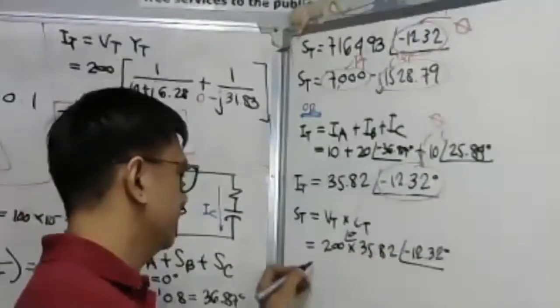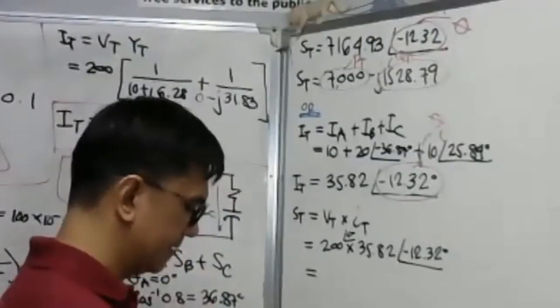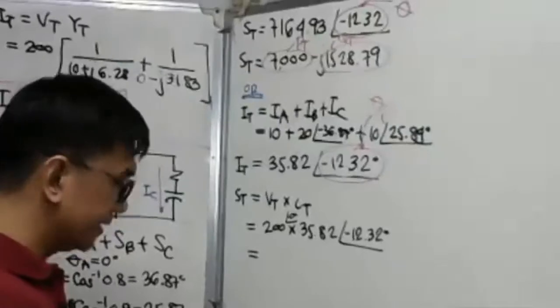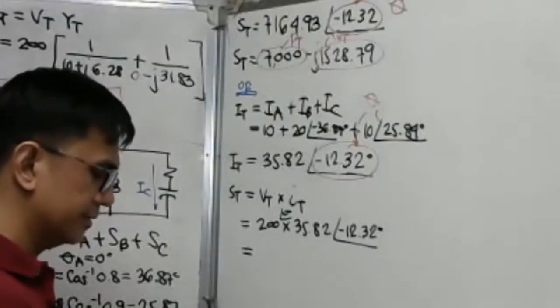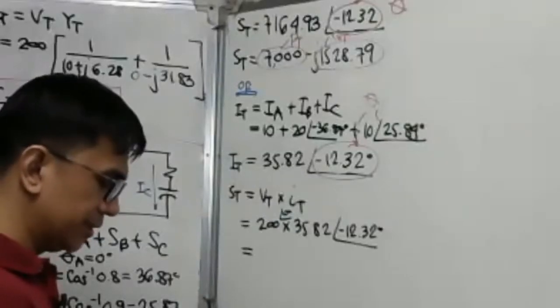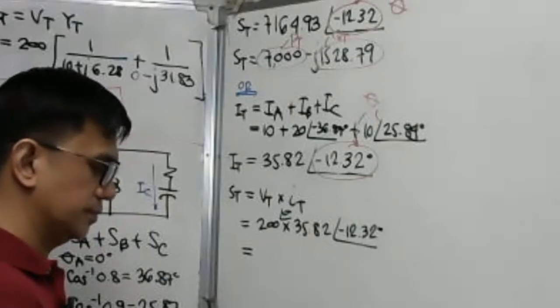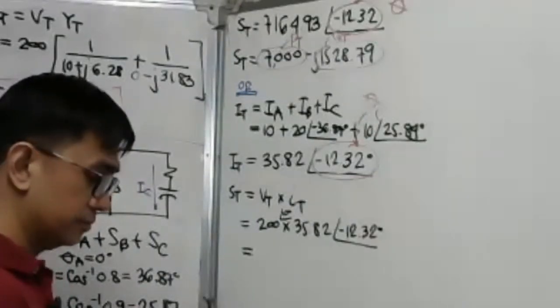Please listen carefully. 200 times 35.82 bar angle negative 12.32, equals, then shift 2, 3.